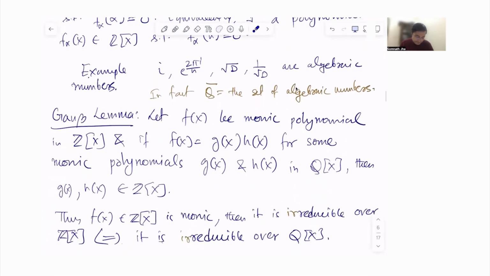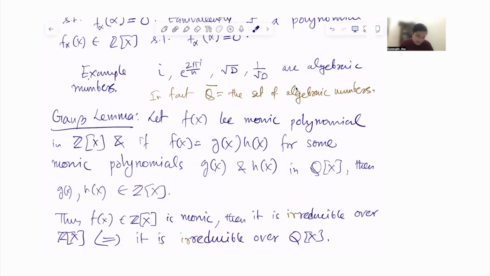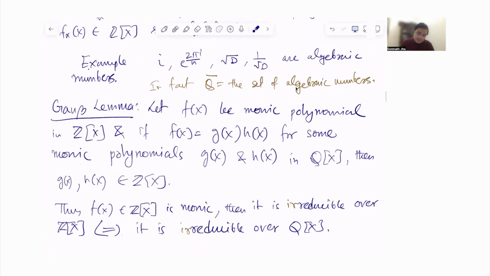We proved this when discussing UFDs. So if f(x) in Z[x] is monic, then its irreducibility or reducibility over Z[x] is equivalent to that over Q[x]. If it is reducible over Q[x], then it is reducible over Z[x], and vice versa. So irreducibility over Z[x] and Q[x] are equivalent for a monic polynomial in Z[x]. That's what the Gauss lemma says.